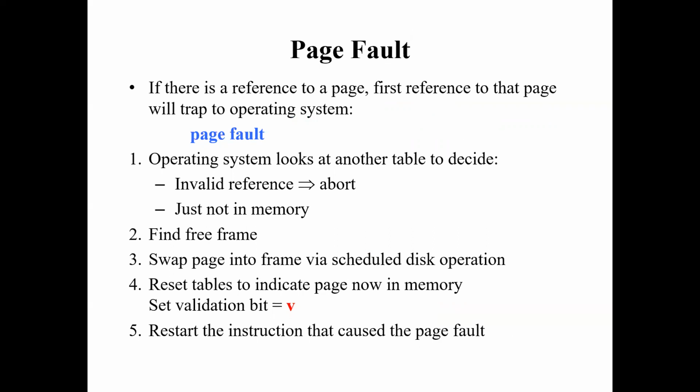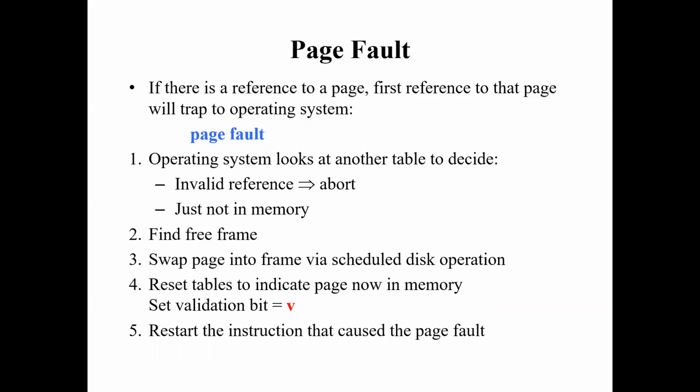I will take that page and bring it to the memory. Before bringing it to the memory, I will see whether I have some free frames. If I have a free frame, I will take that page and put it in my free frame.